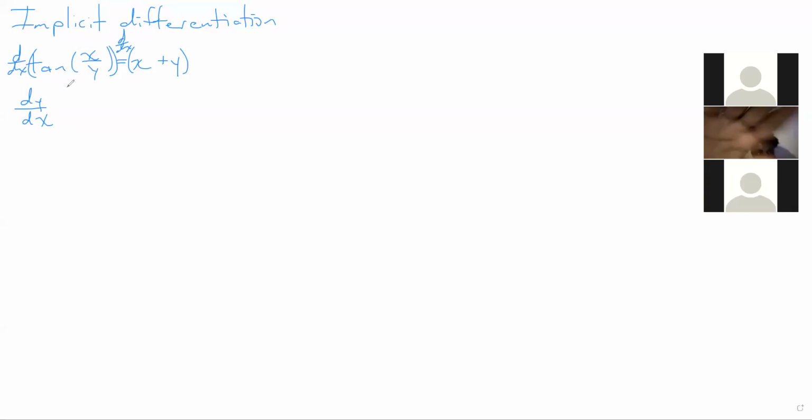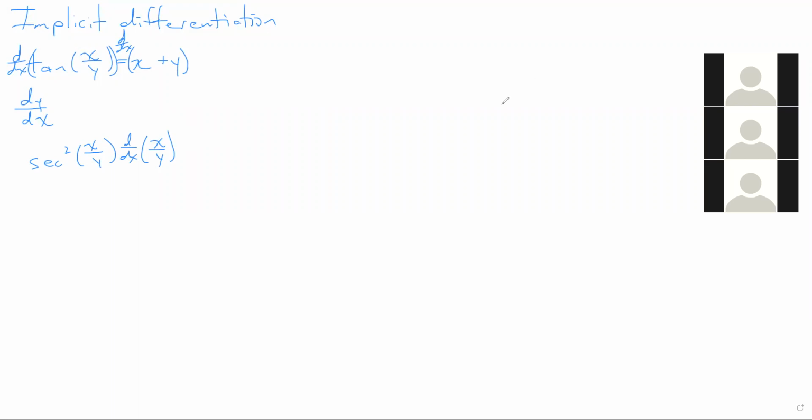So what is the derivative of the tangent function? That is secant squared of x over y. But then we have to find the derivative with respect to x of x over y. I'm going to leave that like that for now. We can deal with that in a second.